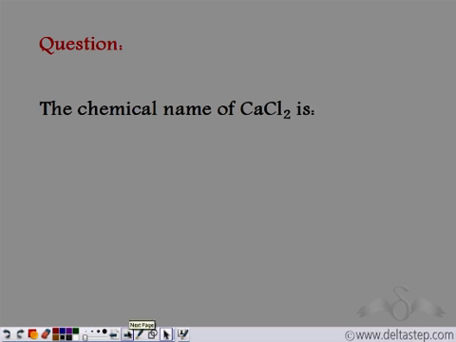But you remember, when we have 1 metal and 1 non-metal, how do we name that? So in this case, we have CaCl2. We know calcium is a metal. So calcium remains as it is. Chlorine is a non-metal. So we write chloride. That is, ide is added as the suffix to the non-metal.